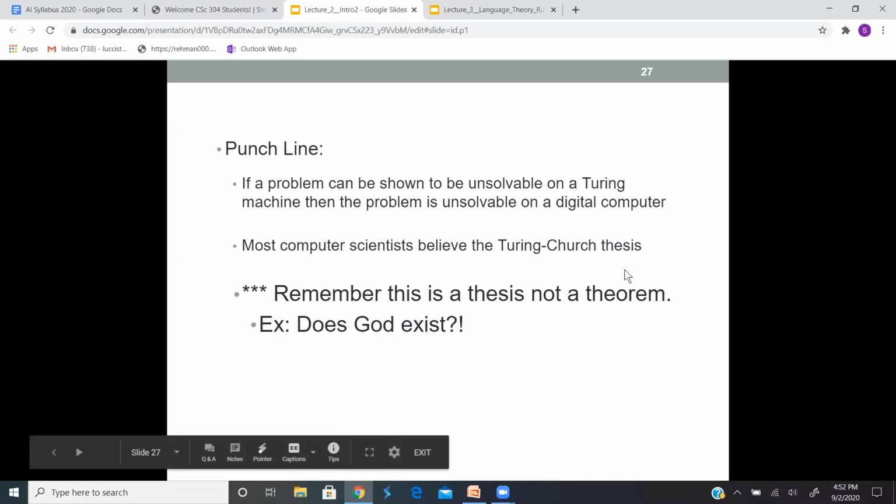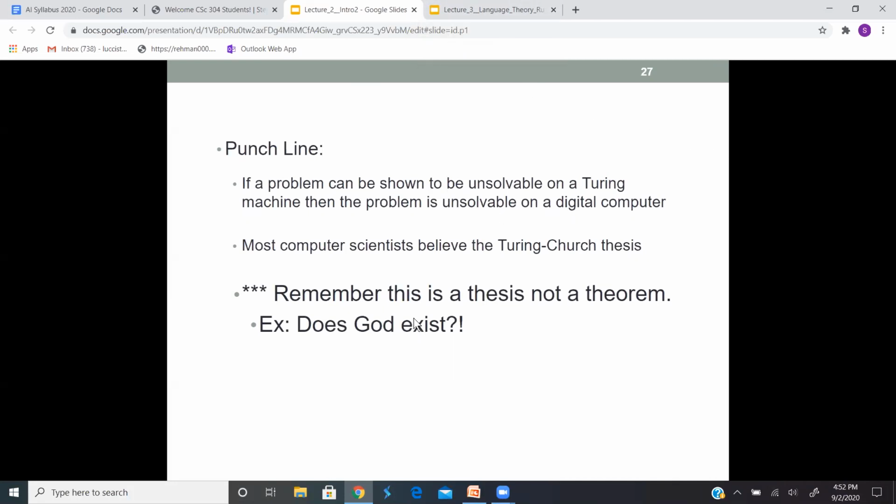So the joke that we had was to get us ready for where the course is going. We want to be able to prove that certain problems are unsolvable, not on a Turing machine. We don't give a damn about Turing machines, but we're going to spend a lot of time working with them because computer scientists believe that, by the Turing-Church thesis, Turing machines have the same computational power as digital computers and vice versa.